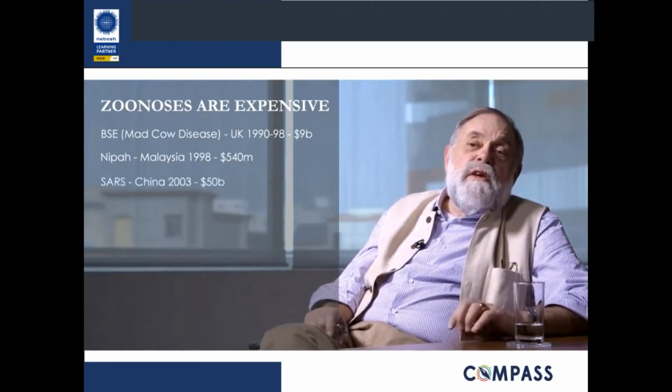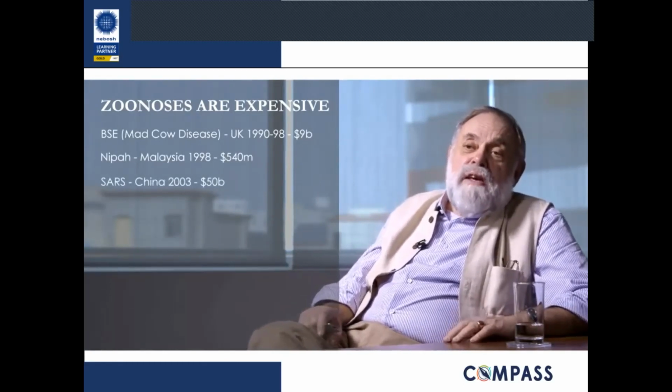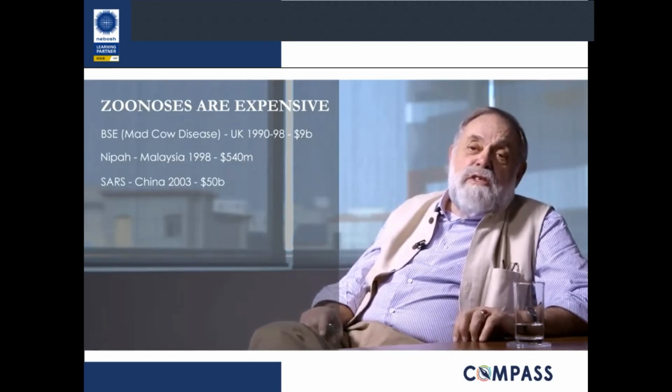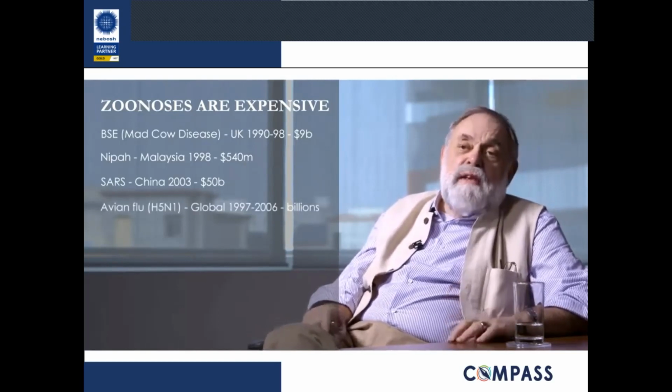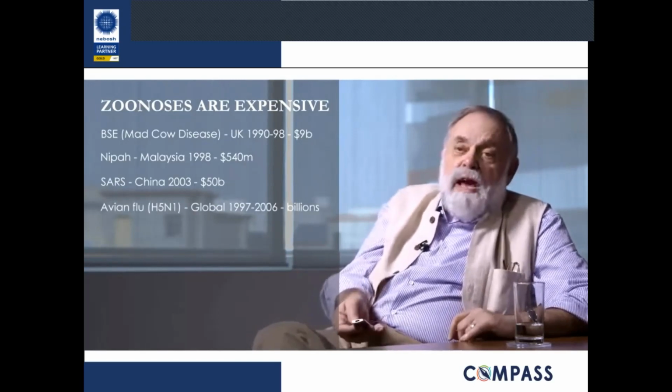SARS, which we started with, cost China upwards of $50 billion because of the lost revenue from trade and tourism and so on. And avian flu, H5N1, which we have not covered, is going to cost billions and billions of dollars. In fact, another type of flu, H1N1, or what was called, unfortunately, swine flu.